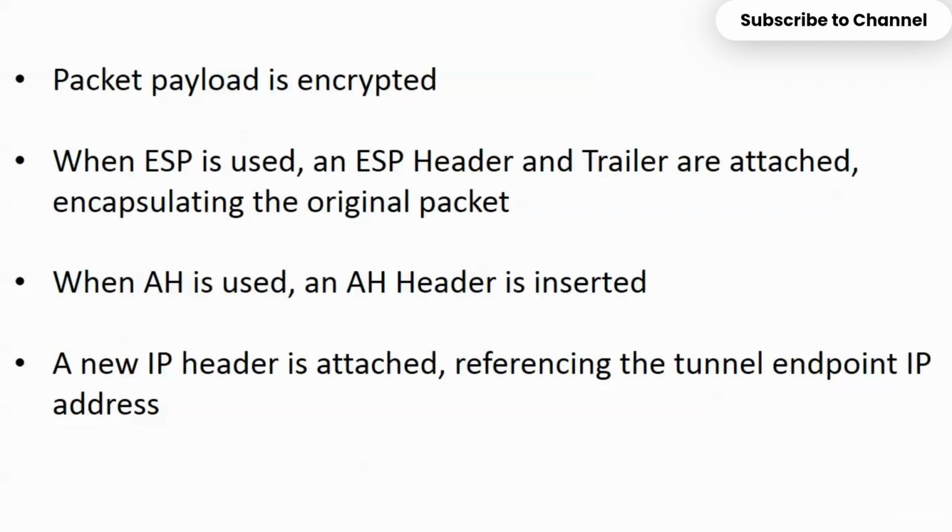And finally, with this mode, a new IP header is attached, and it's going to reference tunnel endpoint IP addresses. So in a way, you're disguising the original IP addresses that are in the original header by the encapsulation and also just by putting tunnel endpoint addresses on that header.